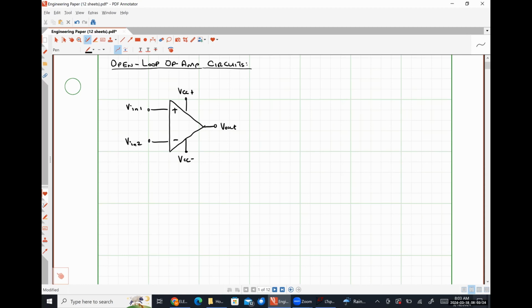Either of those could be AC or DC, doesn't particularly matter. They can also be zero. But if I don't have a path that's connecting my output terminal to my input terminal, this is an example of an open loop circuit.